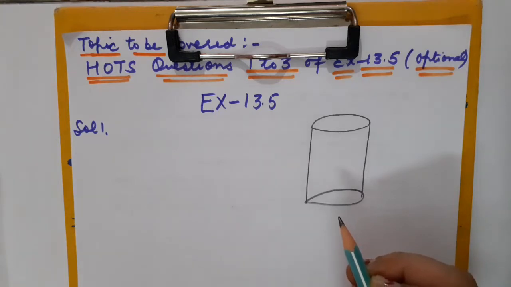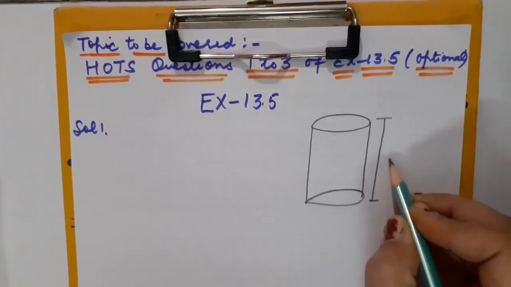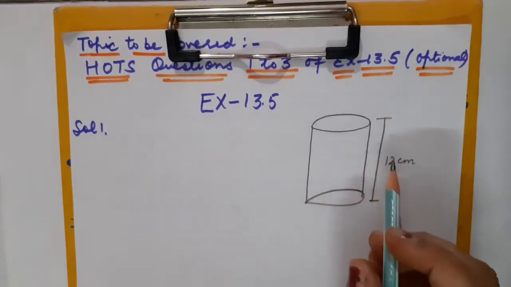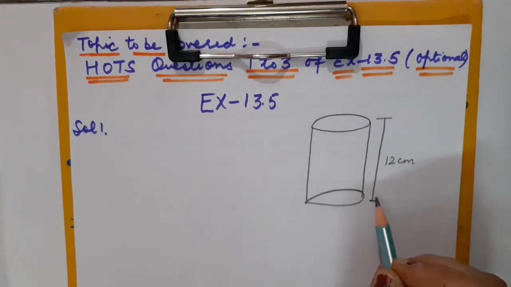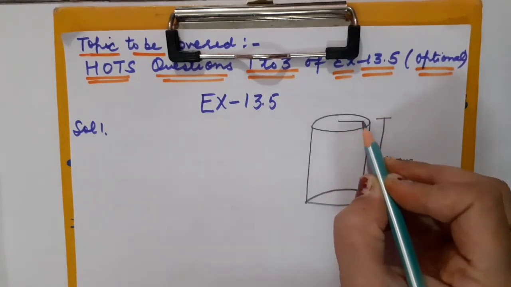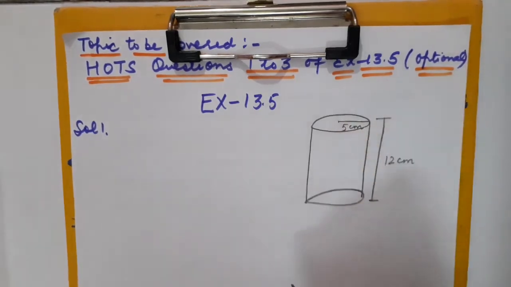Whose length is 12 centimeter, meaning the length of the cylinder around which the copper wire is wound is 12 centimeter, and the diameter is 10 centimeters. So we can say that the radius is 5 centimeters.